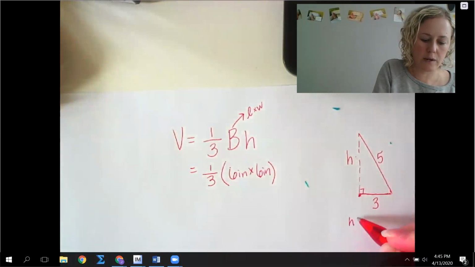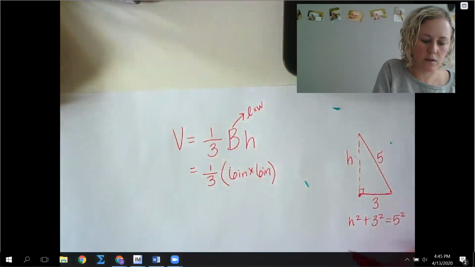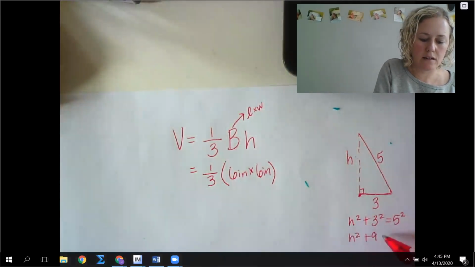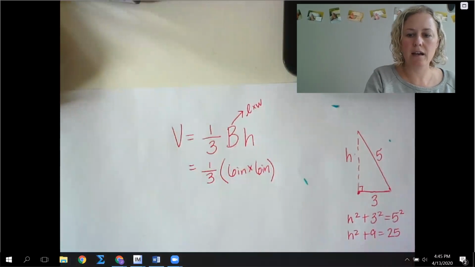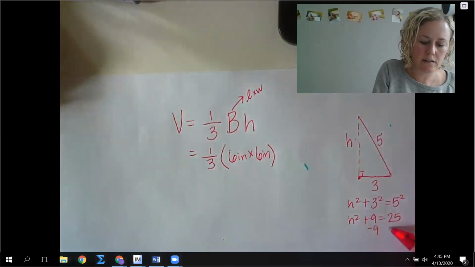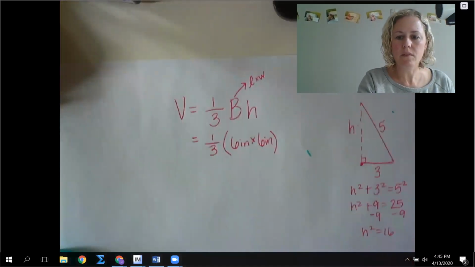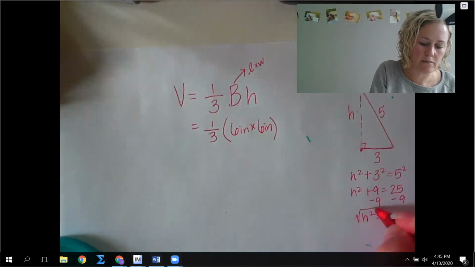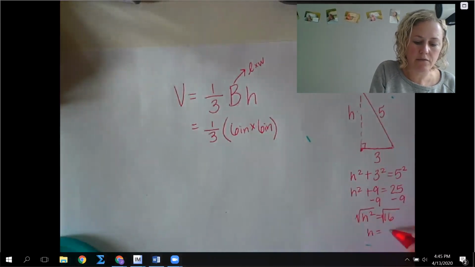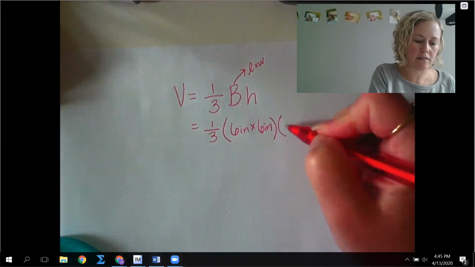So h squared plus 3 squared equals 5 squared, or h squared plus 9 equals 25. Then we subtract 9 from both sides, and we get h squared equals 16. Take the square root of both sides, and we get height is 4. So this height is 4. So I'll plug that in for h.